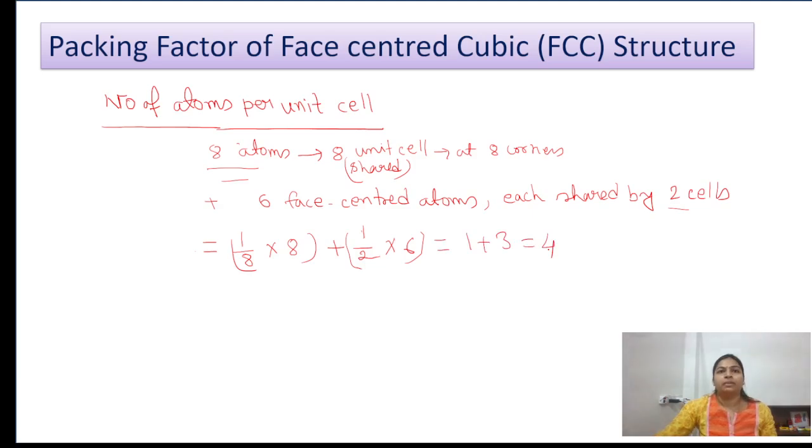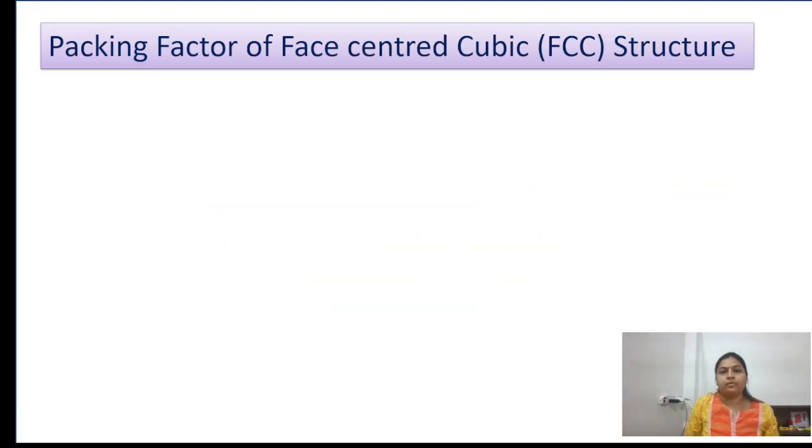So the total number of atoms per unit cell is equal to 4. Now we shall find out the atomic radius.